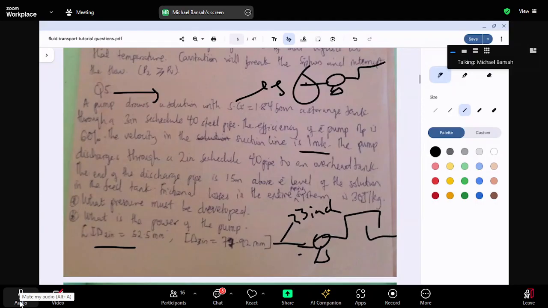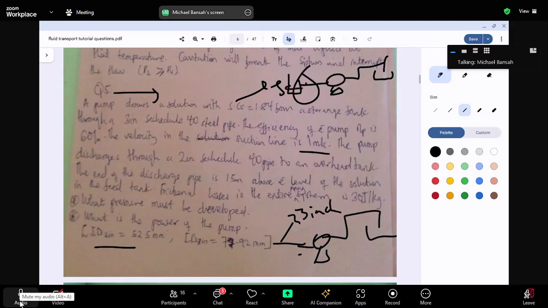The pump discharges through a 2-inch schedule 40 pipe to an overhead tank, so a tank that is above the inlet tank from which the fluid is being drawn. They said the end of the discharge pipe is 15 meters above the level of the solution.